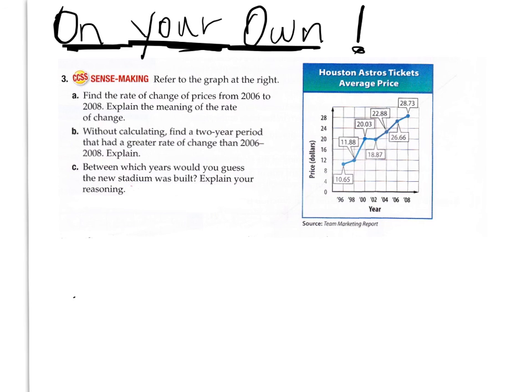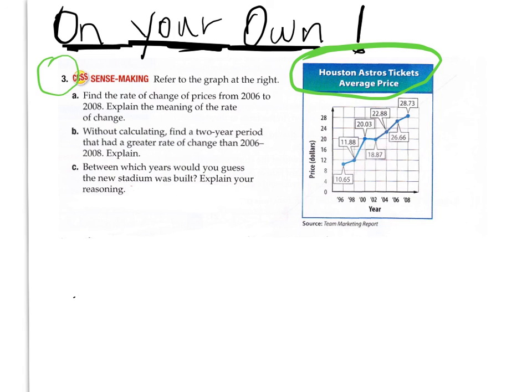Okay, you're going to do problem number 3 on your own. So continue on the piece of paper that you've been working with. Refer to the graph at the right. Here's a graph that shows the ticket prices for the Houston Astros from the years 1995 through 1998.